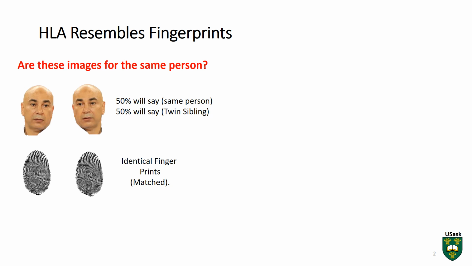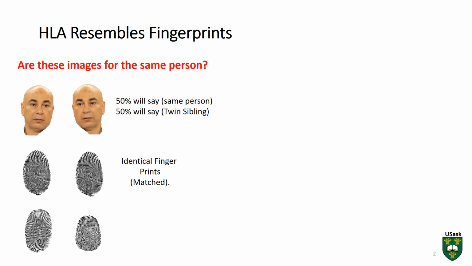And in the world of transplantation, we call it matched fingerprints. Because even identical siblings will not have identical fingerprints, because fingerprints, as you know, are formed in the uterus from the pressure of the fluid on the skin of the infant.